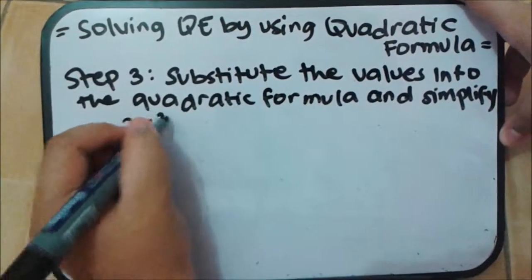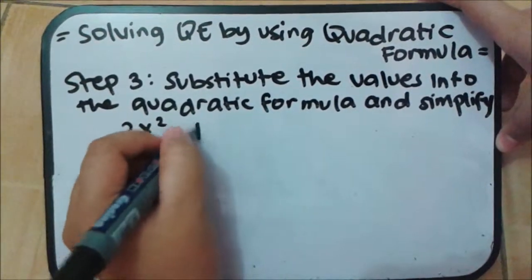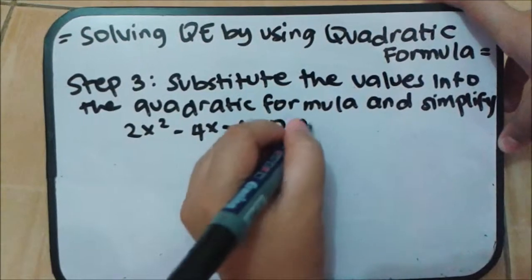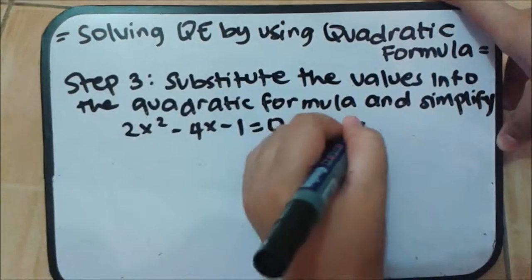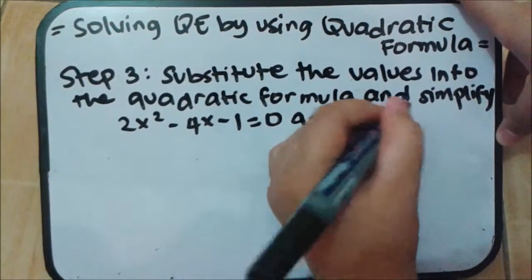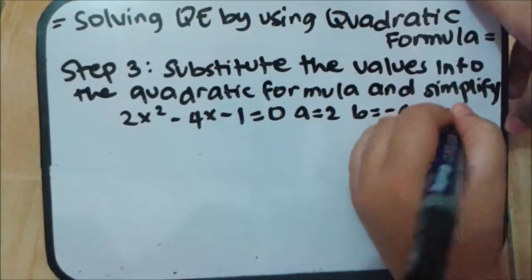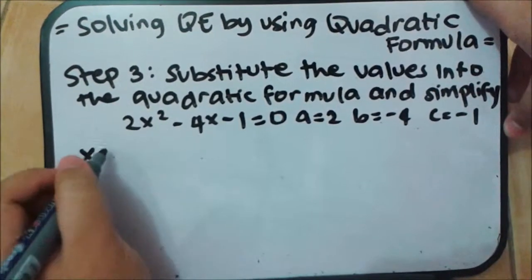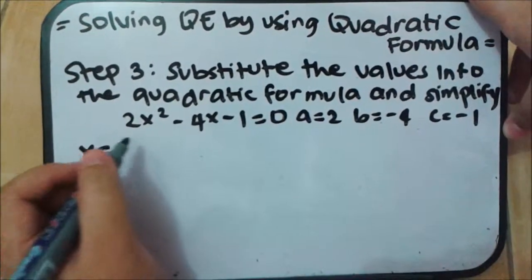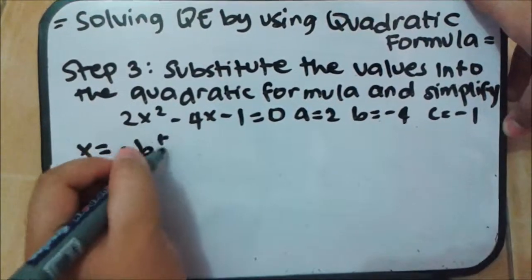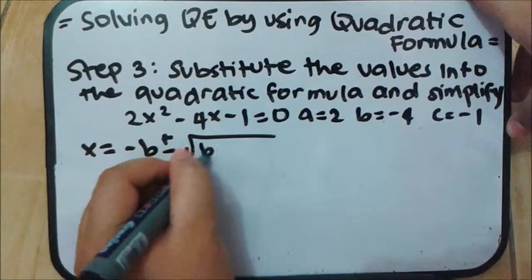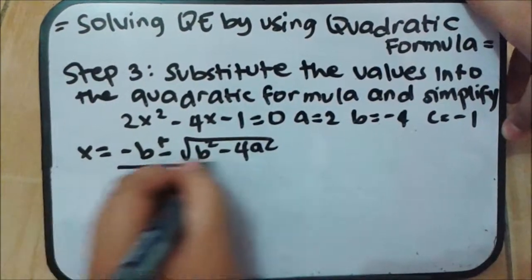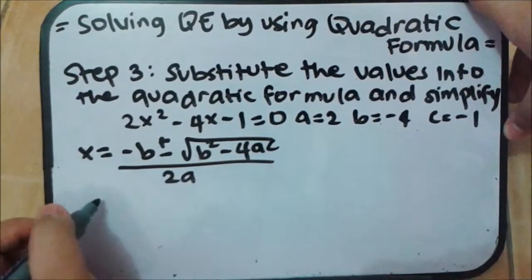Given 2x squared minus 4x minus 1 equals 0, here a is 2, b is negative 4, c is negative 1. The quadratic formula is x equals negative b, plus or minus the square root of b squared minus 4ac, all over 2a.